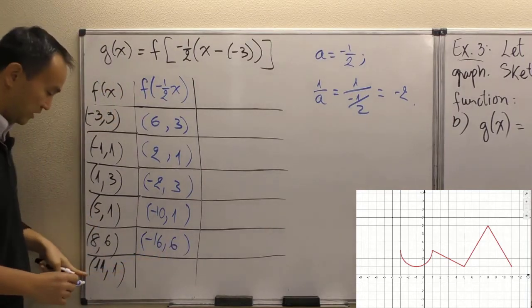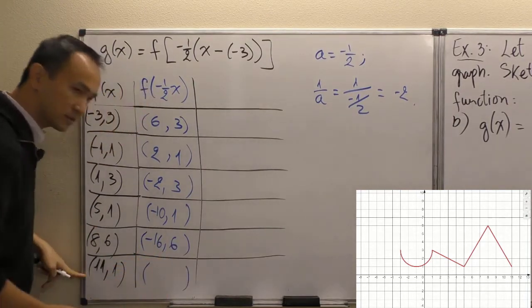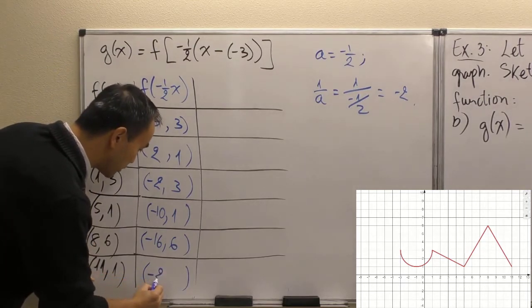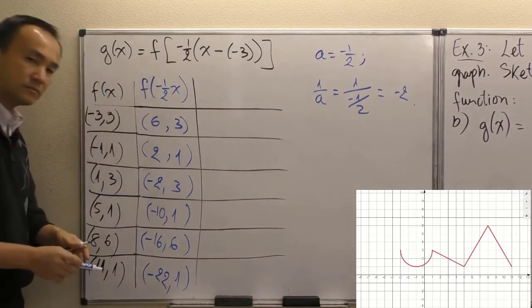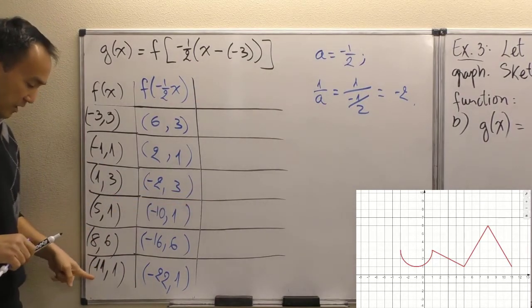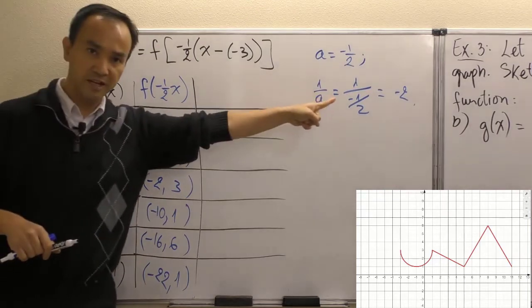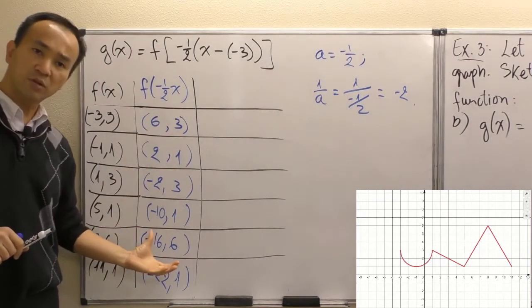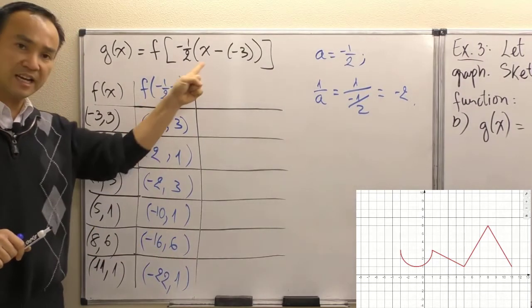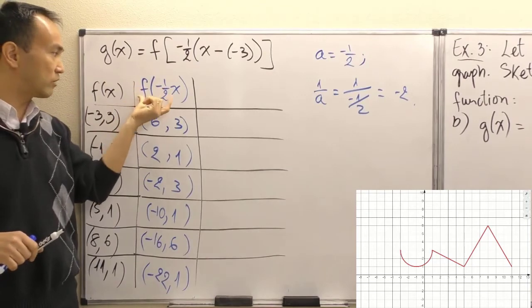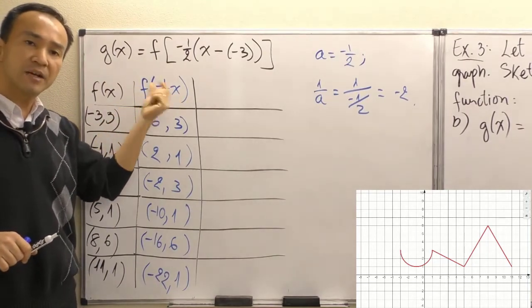And this last point on our list of the guiding points is -22 comma 1, because again, 11 times -2. This is where we're done with the first step, but the first step didn't get us to the complete function g of x, because this is only f at -1/2 x.